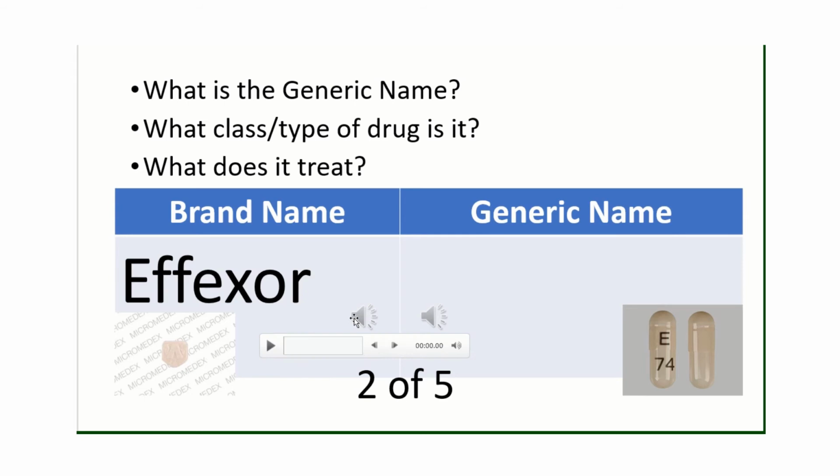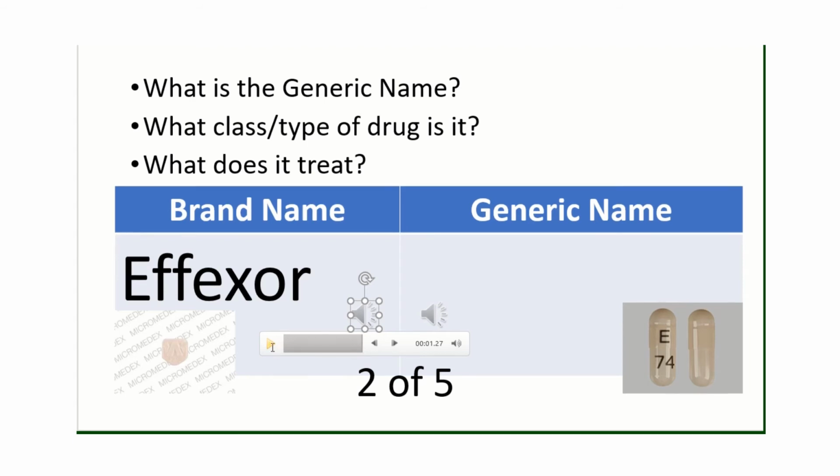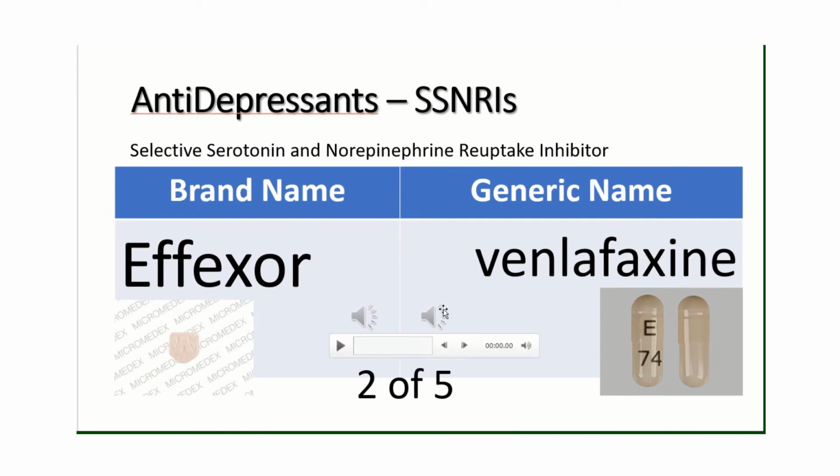What is the generic name for Effexor? What type of drug is Effexor? What does Effexor treat? The generic name for Effexor is venlafaxine. Effexor and venlafaxine are SSNRI antidepressants.